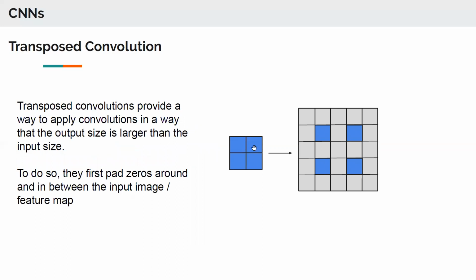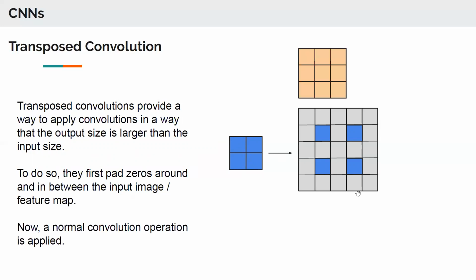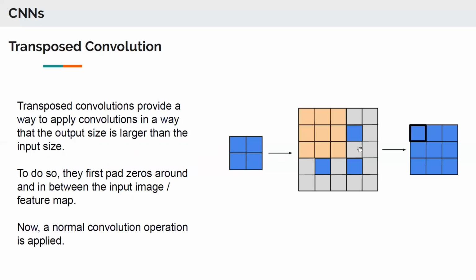And transposed convolutions provide that, and they provide it like this. So let's say you have a 2 by 2 input and you want to increase the size of this guy. So what you do is basically you pad zeros around it. Okay, so you pad zeros like this, and then you simply do normal convolution on this padded guy. So you introduce a 3 by 3 convolutional kernel here, and now you apply a normal convolution. So you just place it on the top left corner, get the dot product, and you get your number, and this is the output number here.